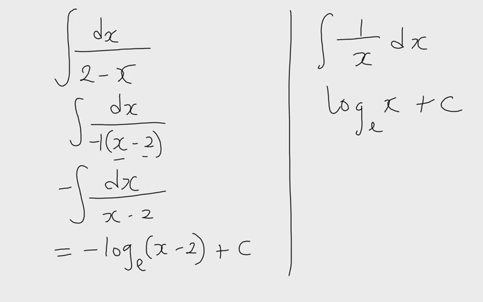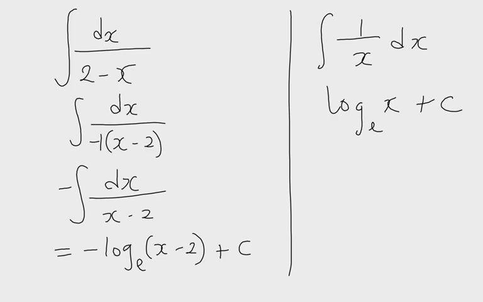We have x minus 2. Okay, take note of that. And then minus 1 was factorized outside. We have minus, and then we have minus here. Okay, and this was compared with this. So that's it.